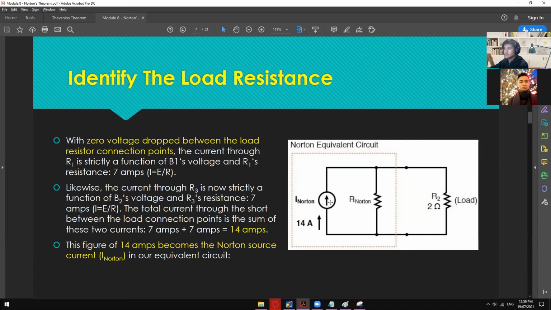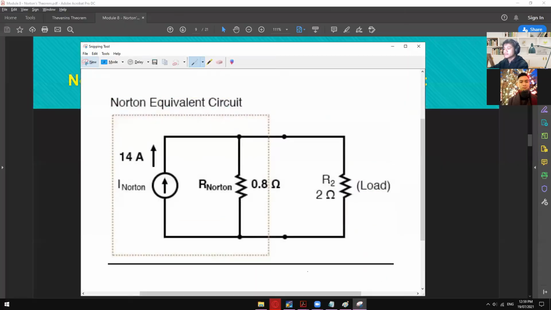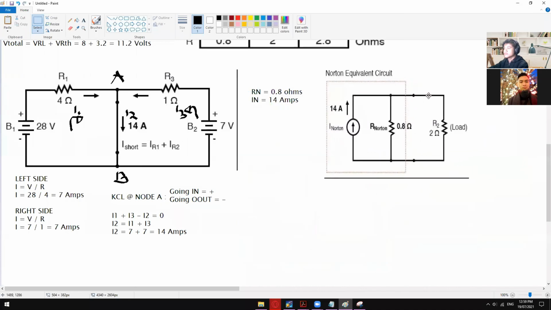Just replace the given values. Let me use this one as our complete circuit: 0.8 for the R Norton, and 14 amps for the I Norton.